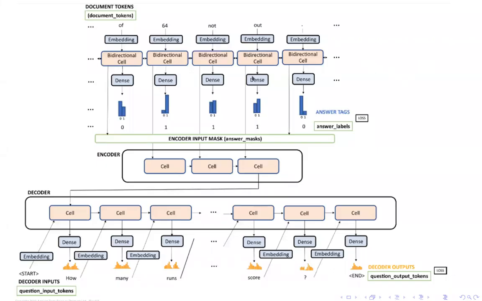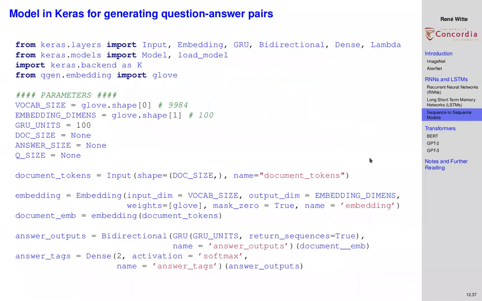In this kind of setup, the first encoder will generate the answers, and then we feed this into the second part, into the decoder, and this will generate us the corresponding question for the answer. If you want to try this out, again, you can do this in Keras, as shown here.